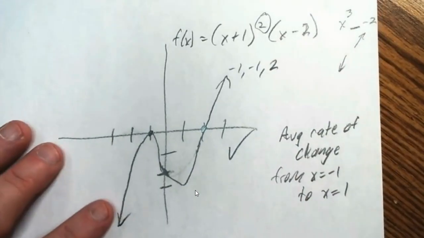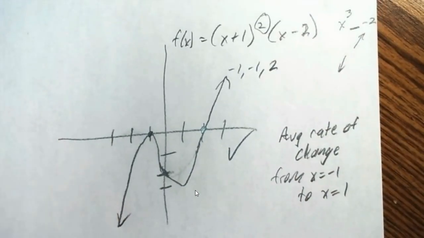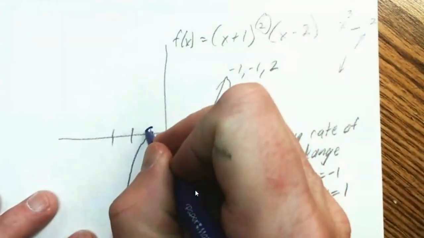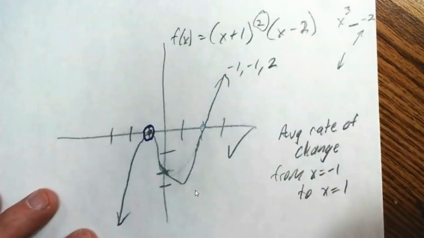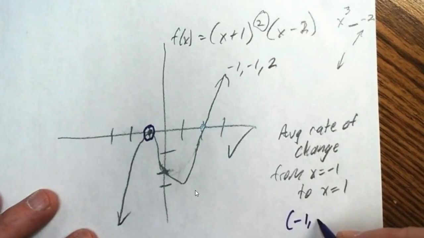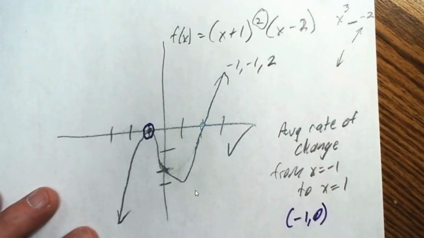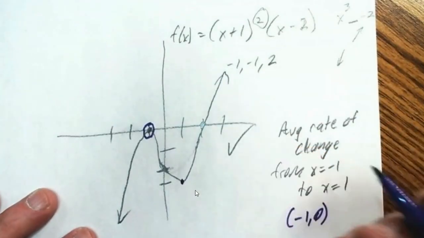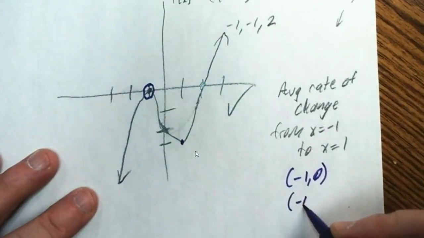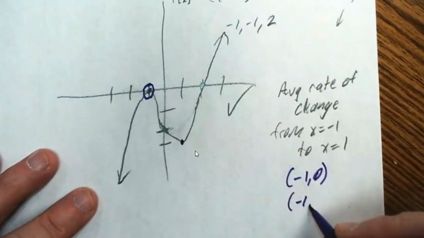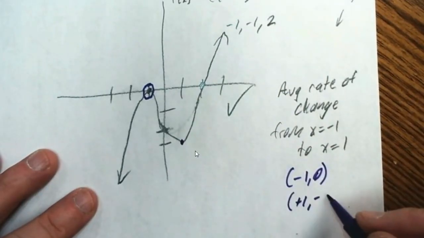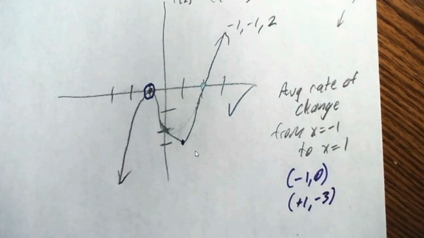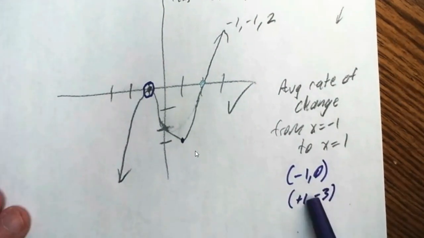Okay. Well, x equals -1 is right here. That's the point -1, 0. Right? And x equals 1 is right down here, which is the point -1, 1, 2, 3. I'm sorry, +1, -3. So this is the 2 points.